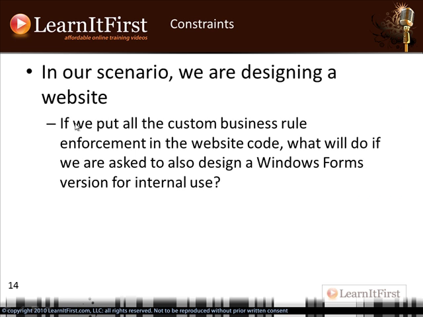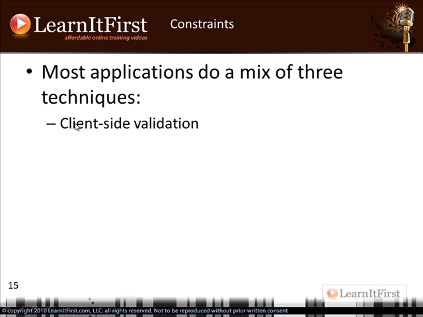Okay? So most applications will do a mixture of different techniques. You're going to see the client-side validation being done. Don't send requests to the server that you know are going to fail for things like data type mismatches, what we covered earlier. The server-side validation, primary keys, foreign keys, all the things we'll talk about in the next video.